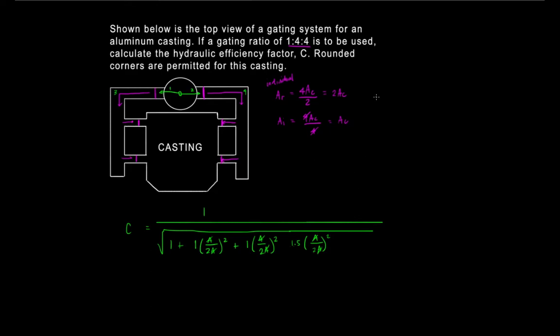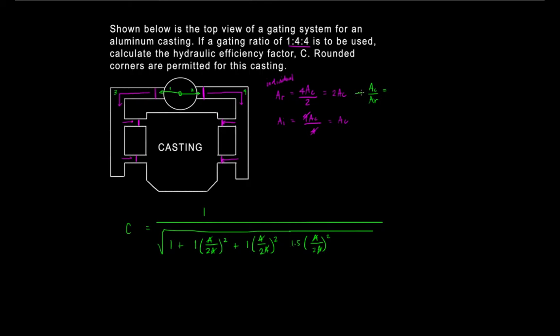Here is a tip for doing this equation: it is not necessary to write the variable A all over again. Instead, we can have the AC over AR ratio.